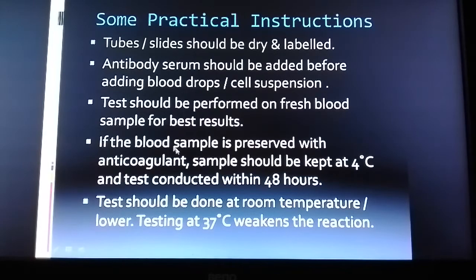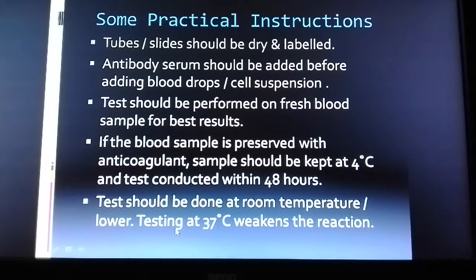In case the blood sample is taken with an anticoagulant and kept at 4 degrees Celsius, the test must be conducted within 48 hours to have a good result. Otherwise, the agglutination process may get disturbed.